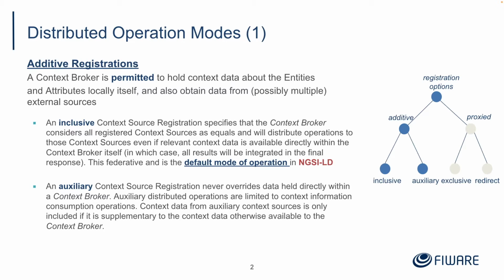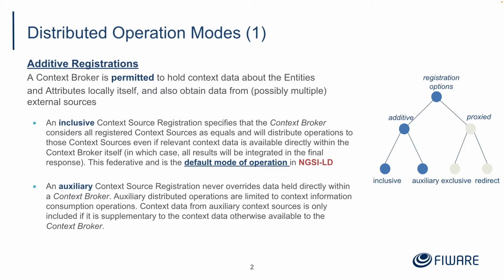Because it's collaborative, it means that you get the overall viewpoint: what the farmer knows, what the vet knows, what the labourer knows, and so on and so forth. Now, there is an alternative additive registration. This is probably the least used of the registration types, called an auxiliary registration. This is a case where what I know as the context broker is more important than what you know.